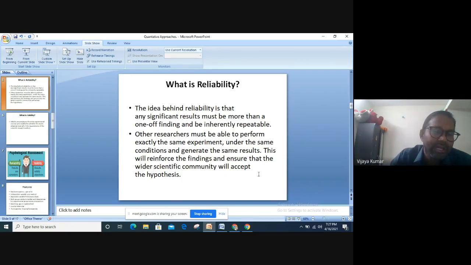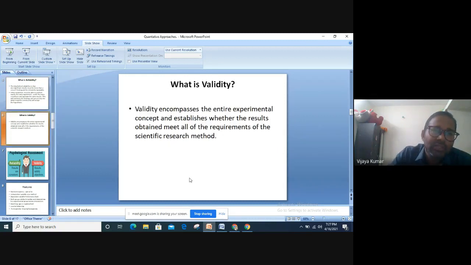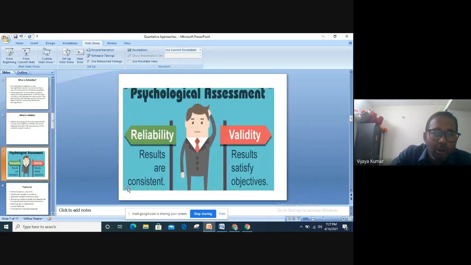So, sorry, reliability in the study. So the idea behind reliability is that it should be repeatable by other researchers. So this is one term. Validity encompasses the entire experimental concept. Now, to simplify this complex concept, usually they do this in psychological assessment and educational research.